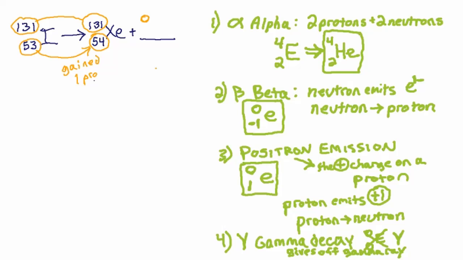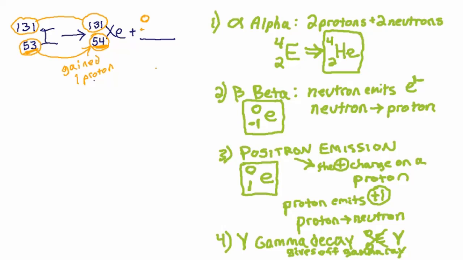1 proton. And that's why it changed the element to xenon, because by definition, if you have 53 protons, it's iodine. If it's a different atomic number, it's a different element. Iodine is only 53. So we gained a proton right here, which means in order for iodine to have changed into xenon, we had to have gained 1 proton.